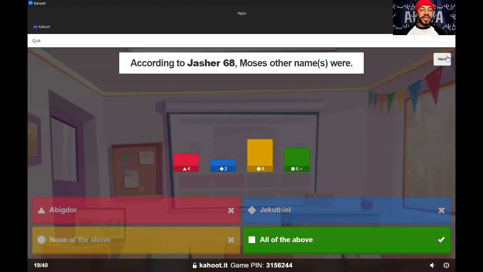You will see it's more than just these two names. He has like 3 or 4 other names that they call him in the book of Jasher. You'll know if you read it.